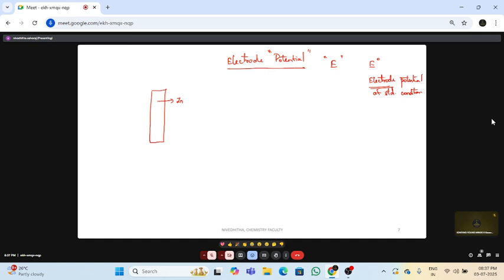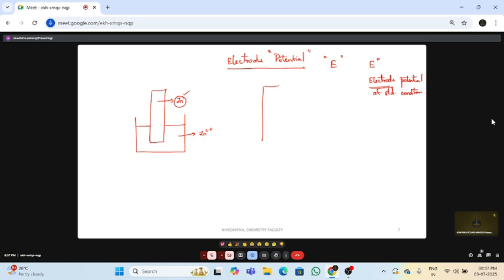If you dissolve any salt and that salt gets ionized, then that is called an electrolyte, and that solution is called an electrolytic solution. Here I am going to dip this zinc rod inside an electrolytic solution of zinc, which means this solution should have Zn2+ ions. So here the zinc rod was dipped inside its own electrolytic solution.